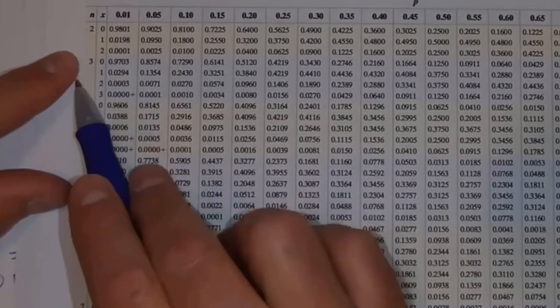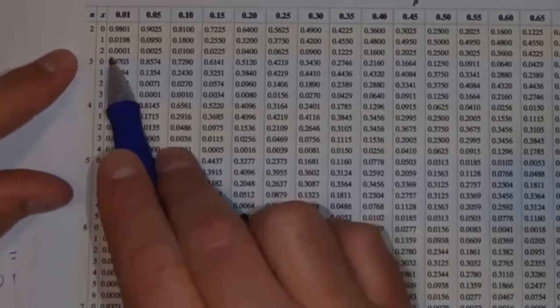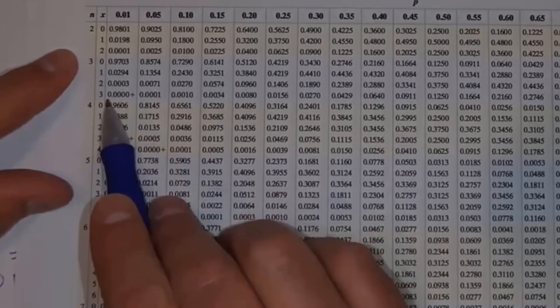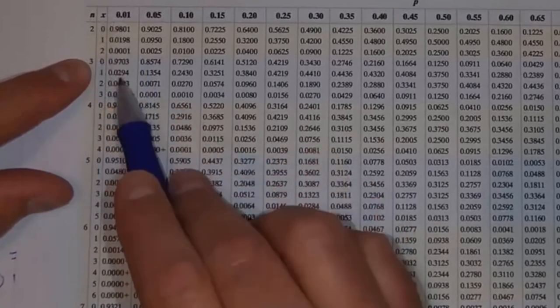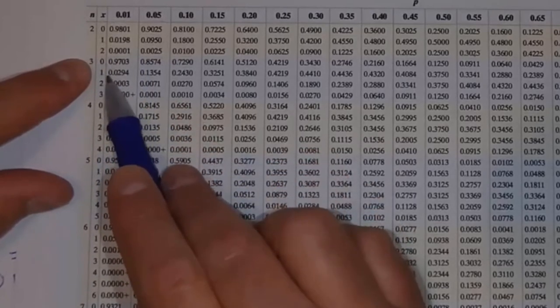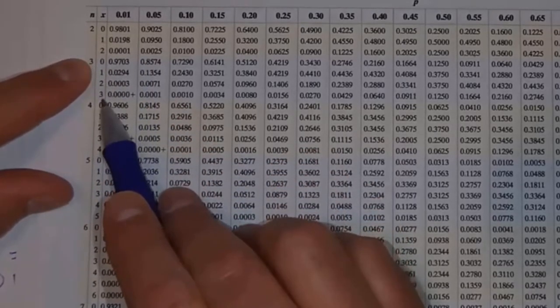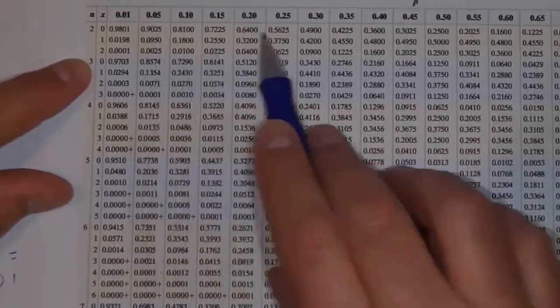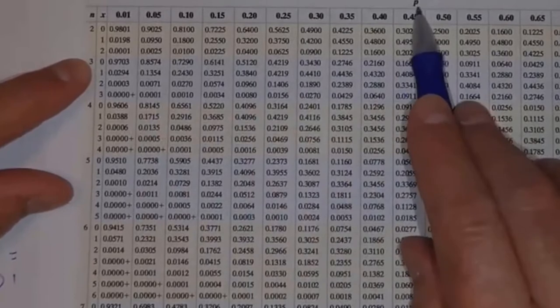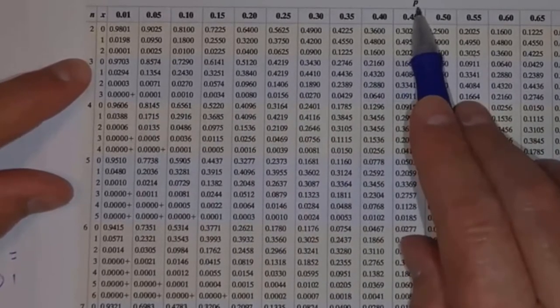So this portion of this binomial table would be when we have 3 trials. And then if n equals 3, then x, the number of successes, could either be 0, 1, 2, or 3. And then these are different possibilities for P, the probability of success.